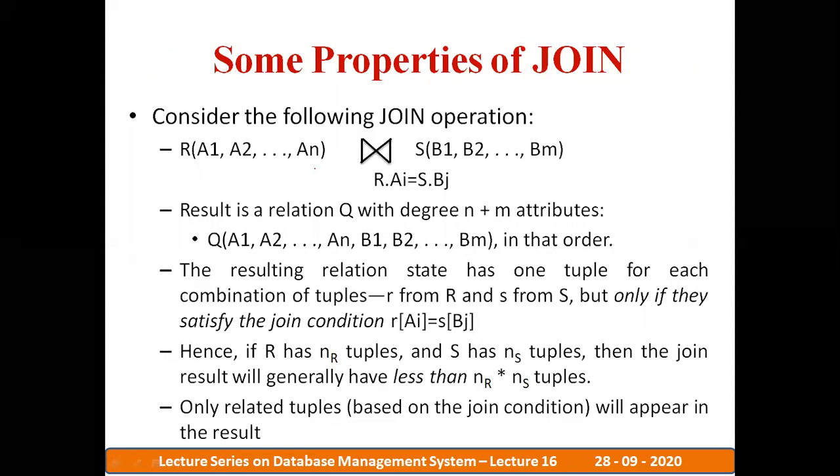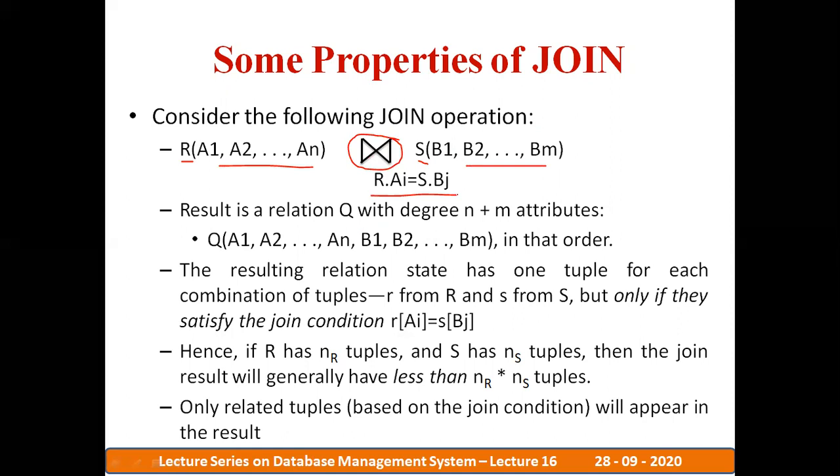Now, let us see some of the properties of the join operation. Consider two relations named R and S. The attributes of R are A1, A2, up to AN, whereas the attributes of relation S are B1, B2, up to BM. I am joining these tables using the join operator and specifying the join condition as R.Ai equals S.Bj.